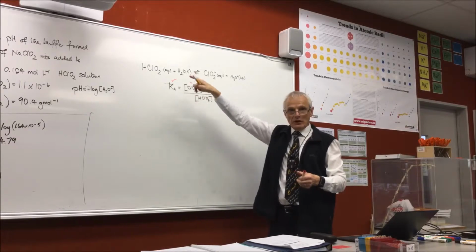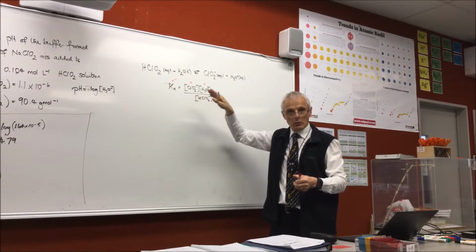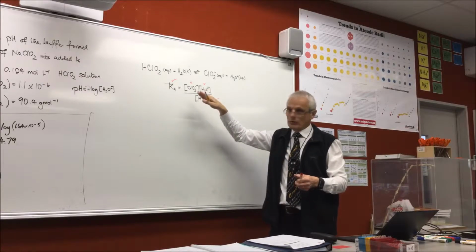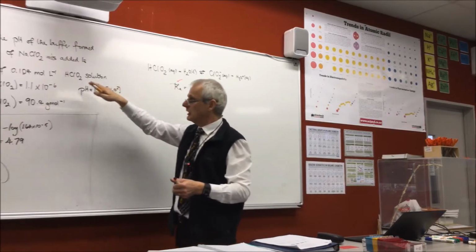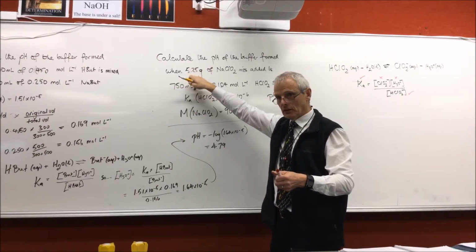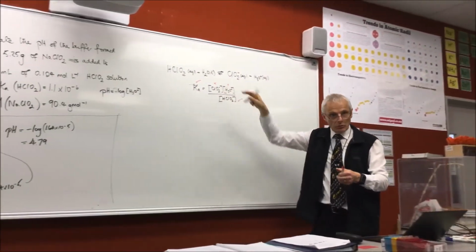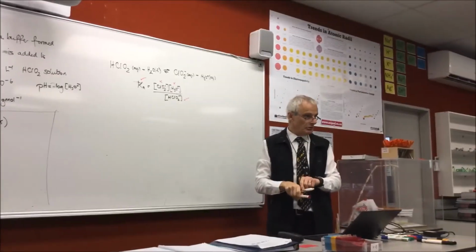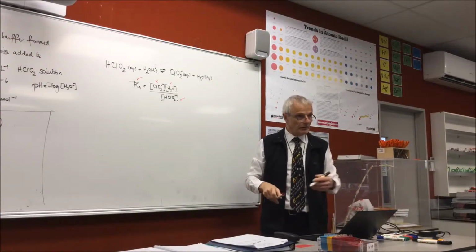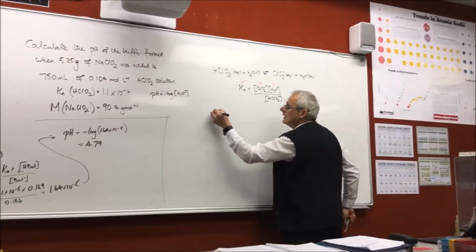We're dealing with equations here, so equations, when you derive expressions from them, always deal with moles. So if you see any problem where you're talking about a mass of something, you must first convert that to an amount in moles. Then it becomes applicable to the expression here, which talks about things in terms of moles, moles per litre. But it's the first step to put it into moles.